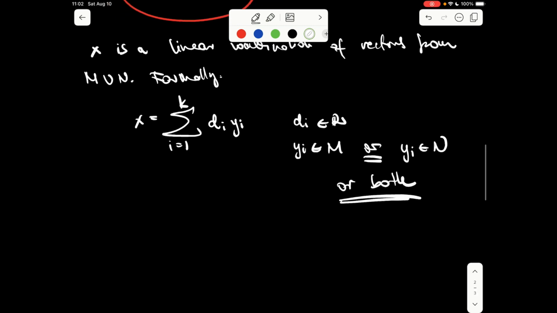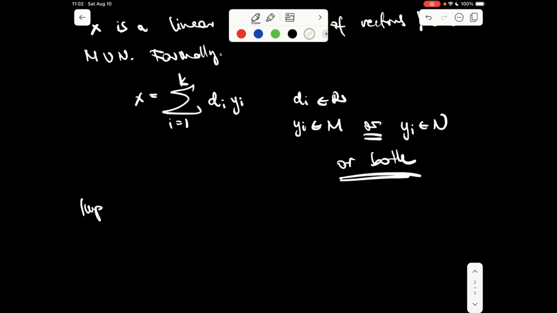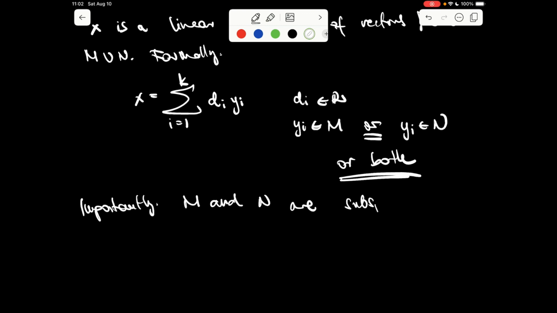So importantly, M and N are subspaces by assumption.